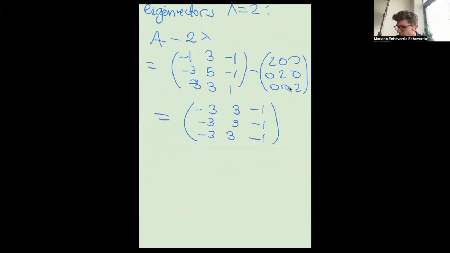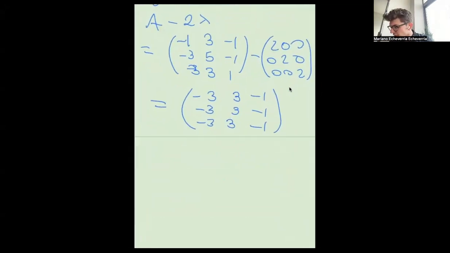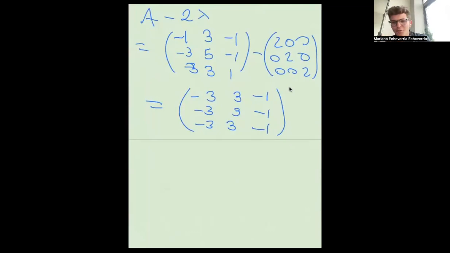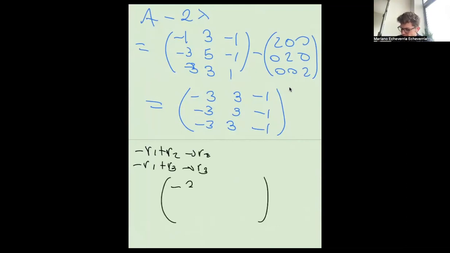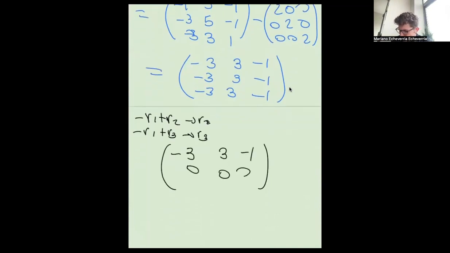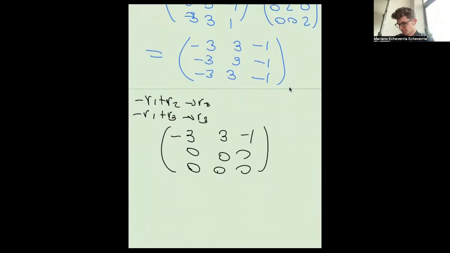Notice that all the rows are the same, so you can do minus row 1 plus row 2 and minus row 1 plus row 3 into row 2 and row 3. It gives you minus 3, 3, minus 1, and then 0, 0, 0, 0, 0, 0. There are no more ways to reduce this matrix.